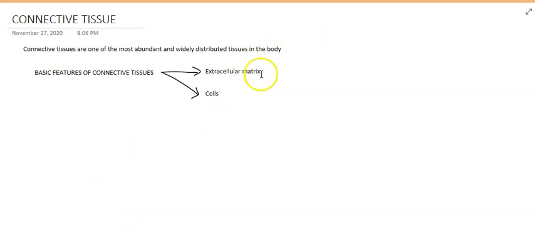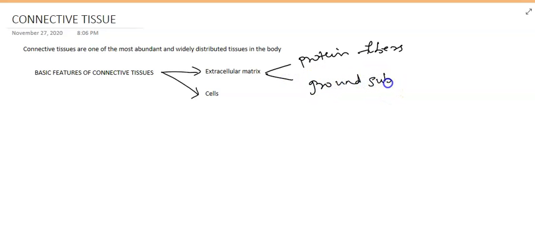The extracellular matrix consists of protein fibers and ground substance. And these cells secrete the extracellular matrix, that is the protein fibers and the ground substance.